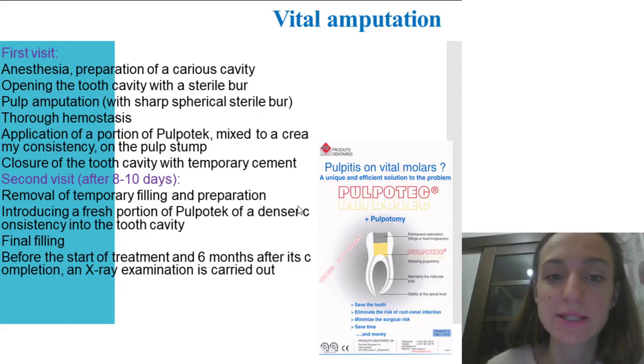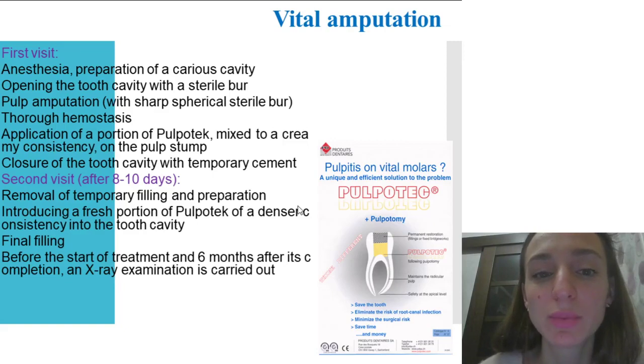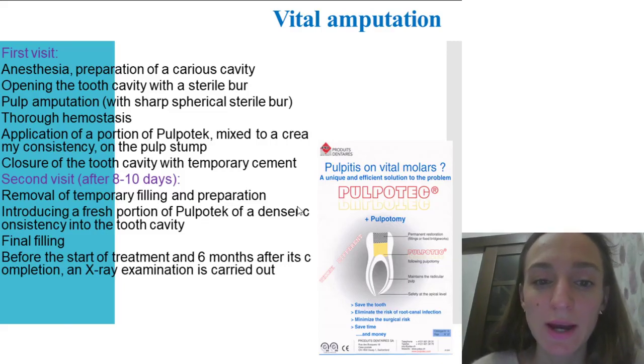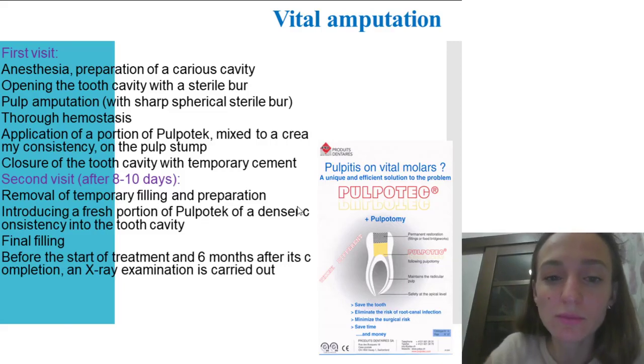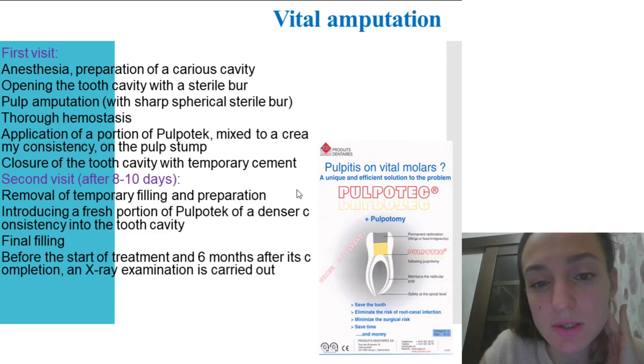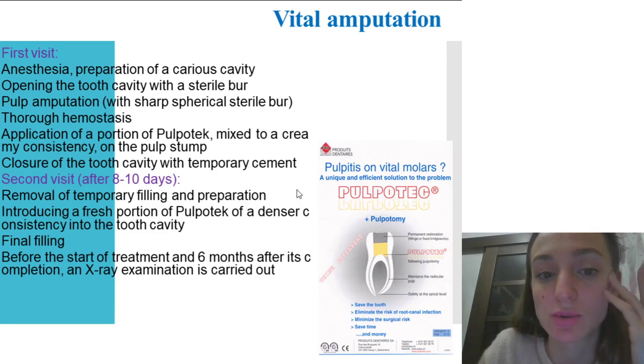Step 4, hemostasis of the bleeding from the pulp with special preparations, for example, vasoceptine, viscostat, company Ultradent. Some authors recommend using warm, sterile physiological solution or distilled water for controlled hemostasis during the vital amputation. After that, the cavity is dried with sterile cotton balls.